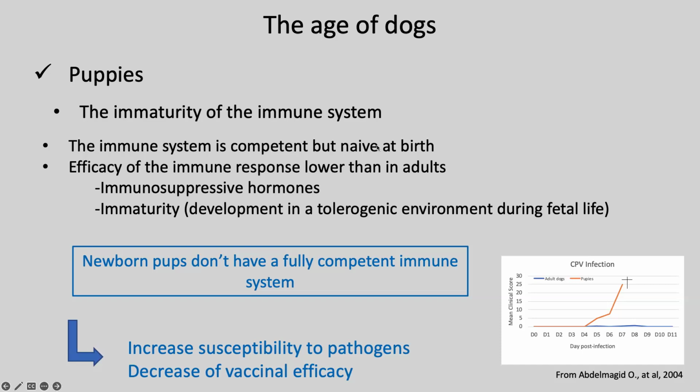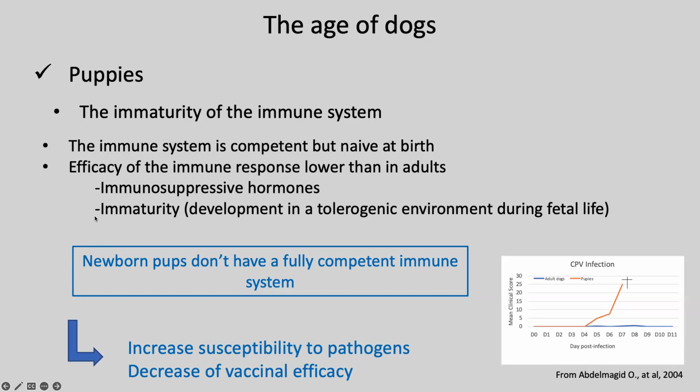And we also know that the immune response of these pups is much lower than what we can observe in adults, for different reasons. The first one is that at birth, we have a flow of immunosuppressive hormones that block the maturation of the immune system of the pups.